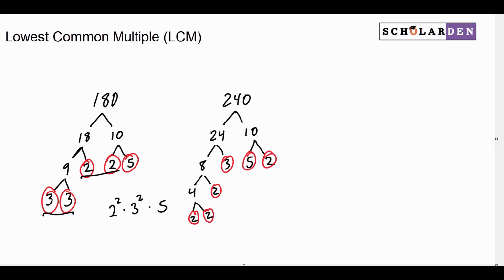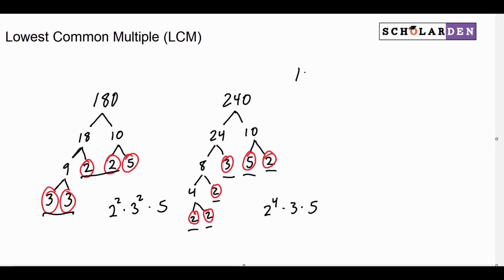Can't go any farther. Okay, so I have 4 2s, 1, 2, 3, 4. That's 2 to the 4th power. I have 1 3 and 1 5. So you write each number with prime factorization with their powers.